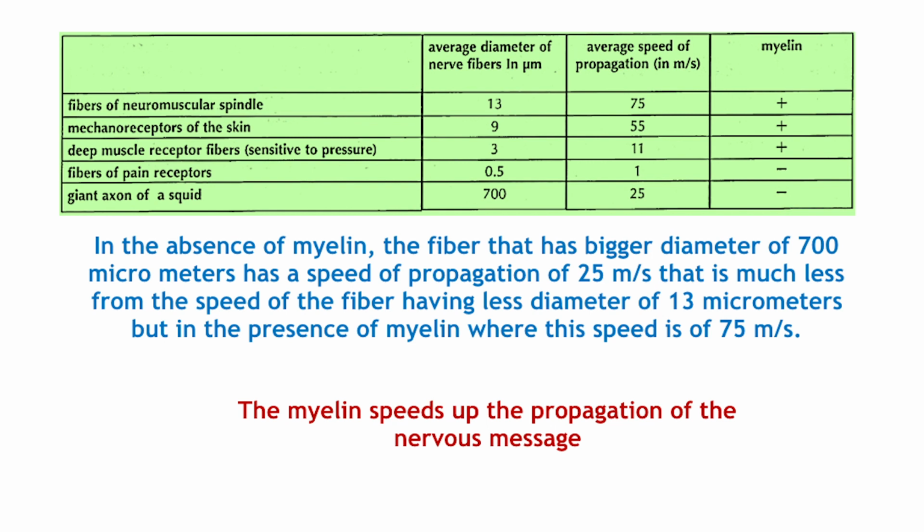In the absence of myelin, the fiber that has bigger diameter of 700 micrometers has a speed of propagation of 25 meters per second. That is much less than the speed of the fiber having less diameter of 13 micrometers, obtained in presence of myelin, where the speed is 75 meters per second. What does this lead us to conclude? This means that the myelin speeds up the propagation of the nervous message.